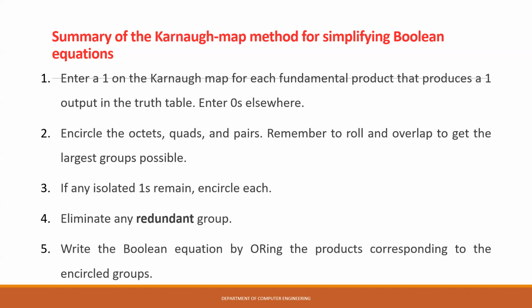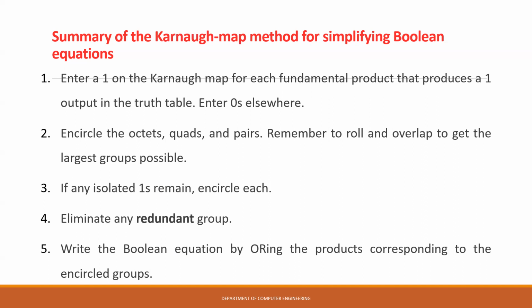And for 4 variable K map, the maximum cells in the K map are 2 raised to 4, that is 16. That's why here priorities are assigned for 16 ones, octet, chord, pair, and then single one.